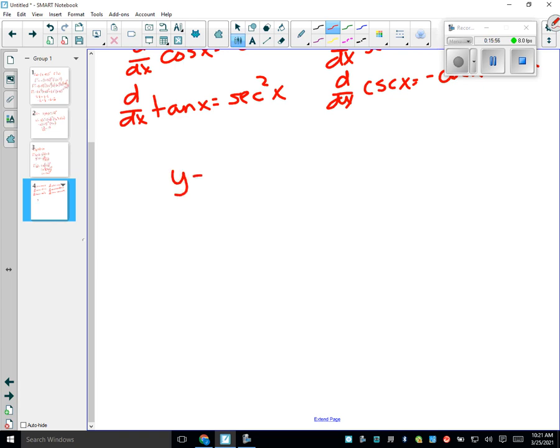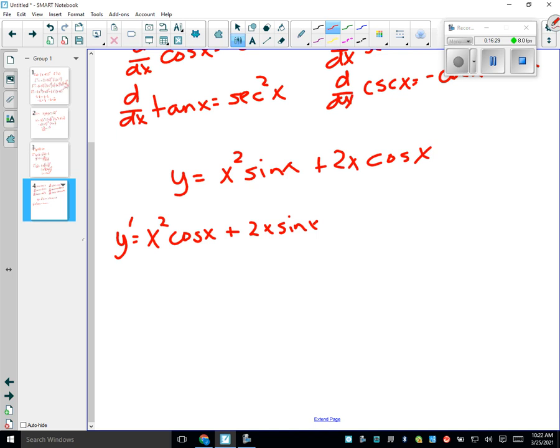Okay, y equals x squared sine of x plus 2x cosine of x. Find dy over dx, which is the derivative, right? Product rule. What is it? The first times the derivative of the second plus 2x sine of x.